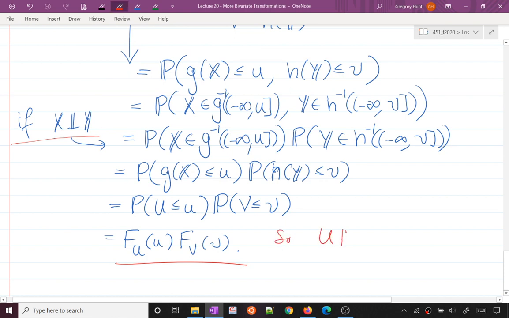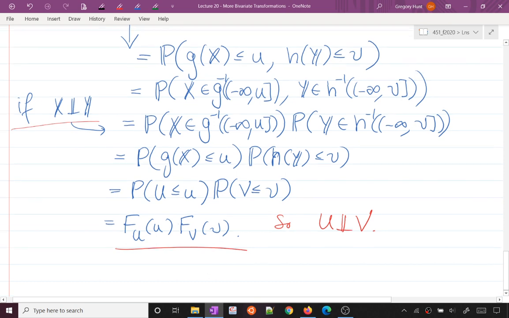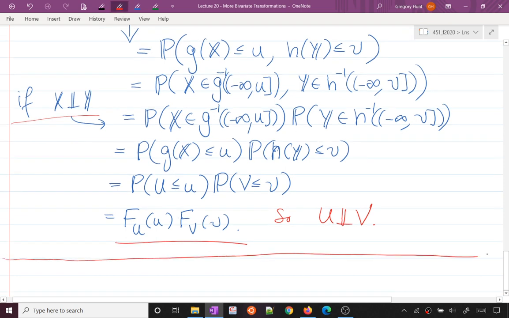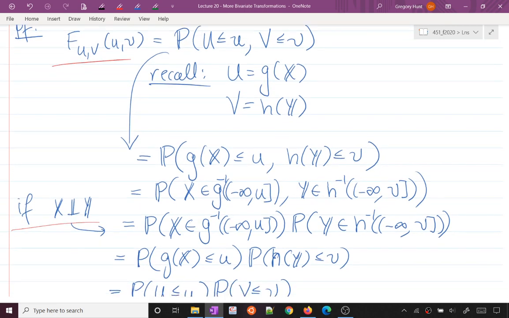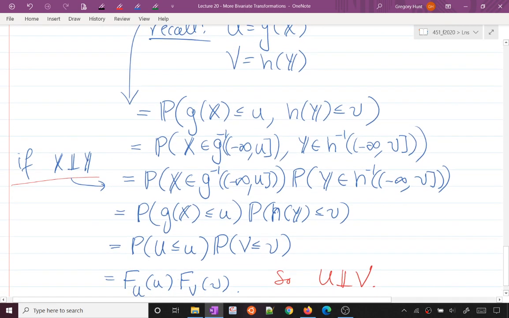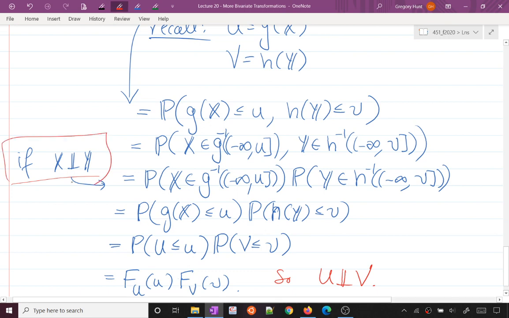And this shows that u is independent of v, right? That is a theorem we had. If you can factor either the joint CDF or joint PMF or PDF, then random variables are independent, and u and v are independent because I can factor that joint CDF. And the reason I can factor it is because x and y themselves are independent.